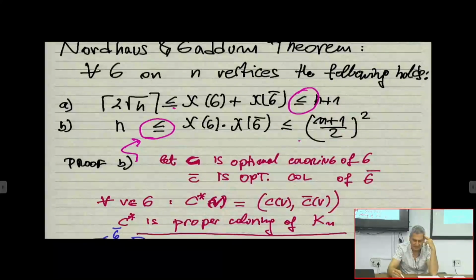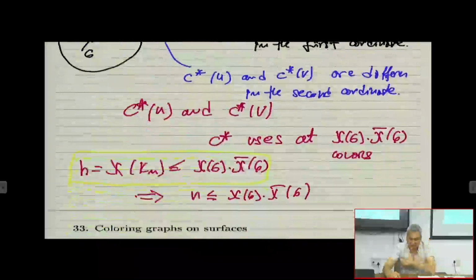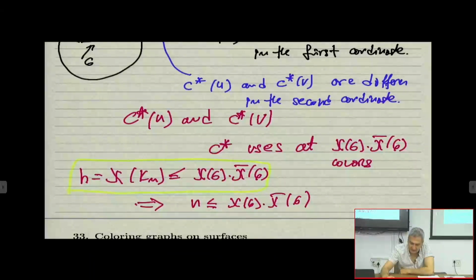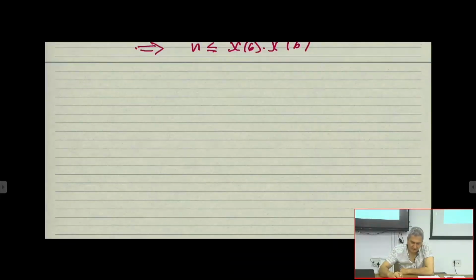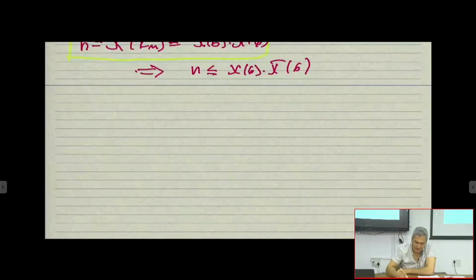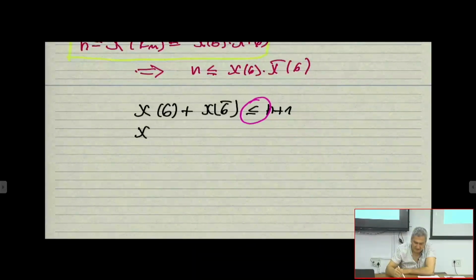Let me copy this. So we want now to prove this bound. So we claim this bound holds.